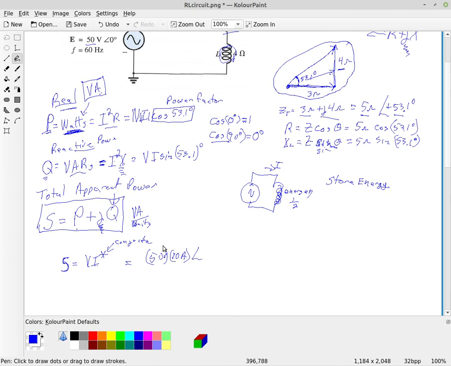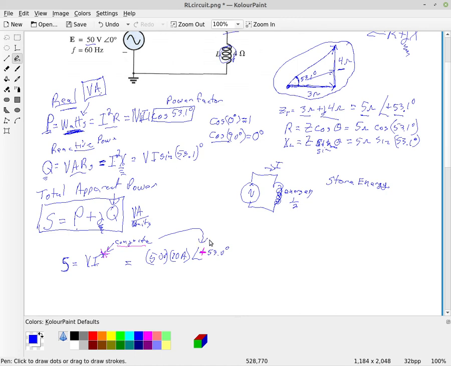Remember, the voltage is at an angle of 0 degrees. That's our reference. But the current was at minus 53 degrees. Because we're taking the conjugate, we're going to make this a plus sign now. That's what the conjugate means.